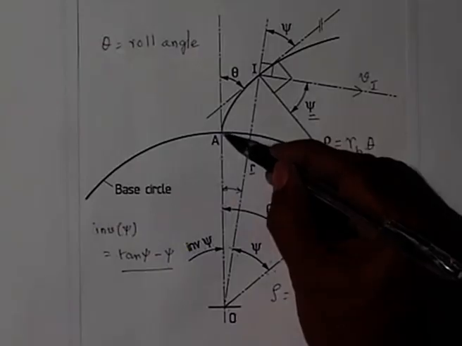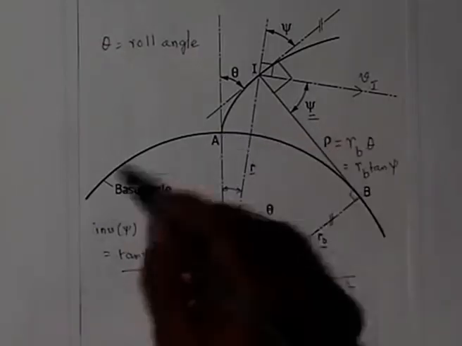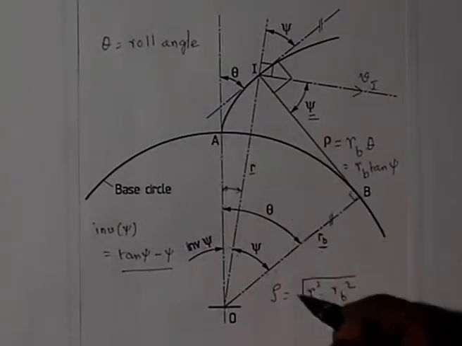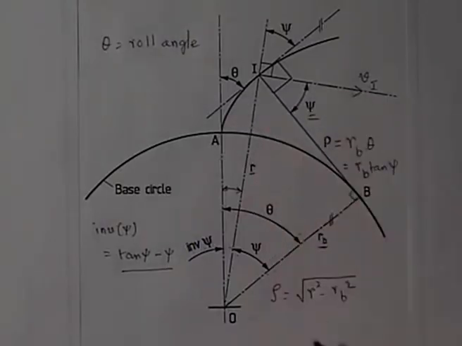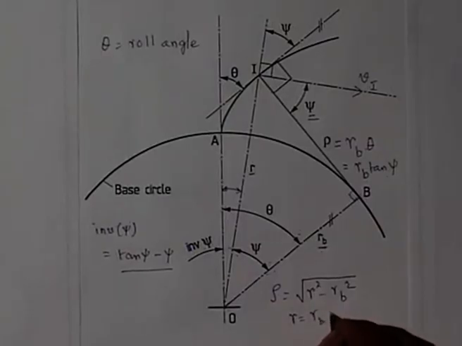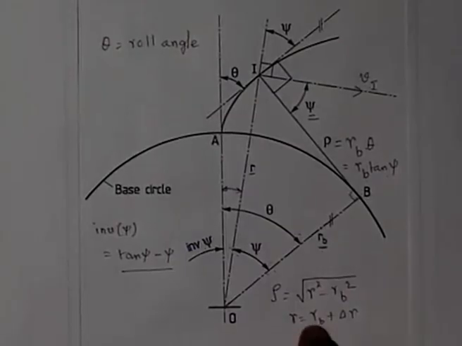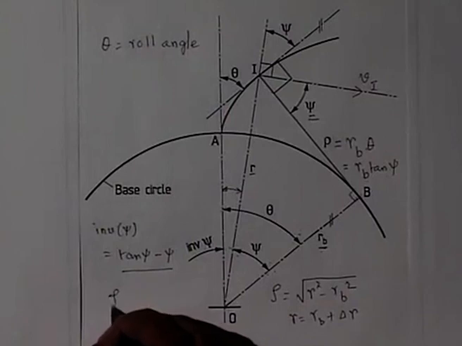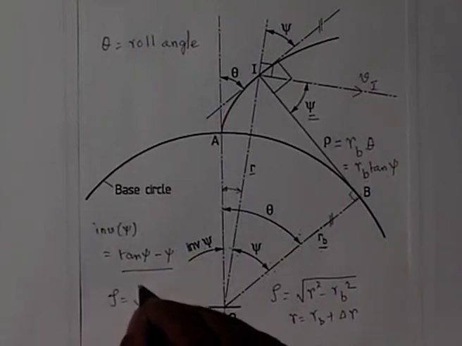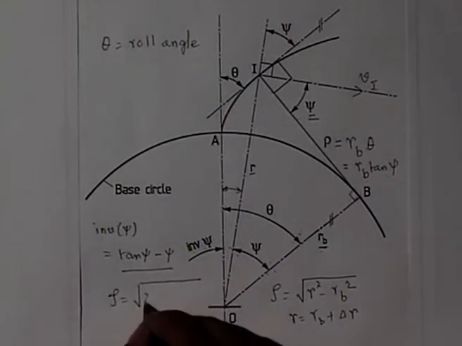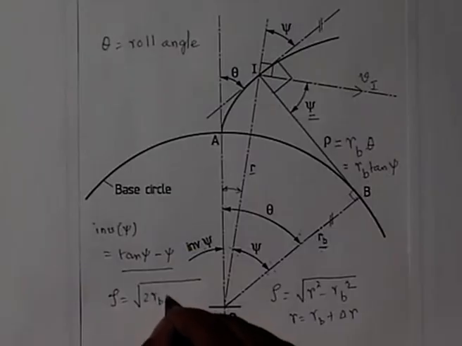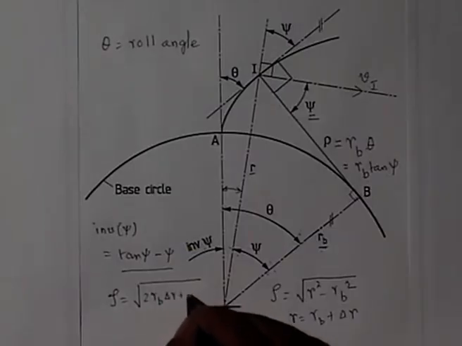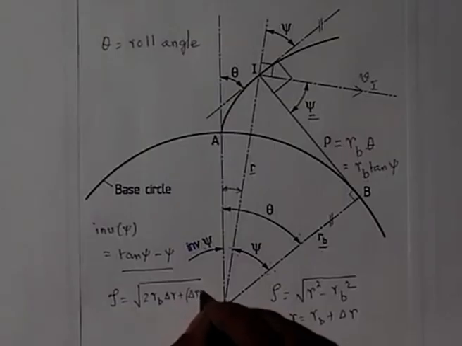As we draw this involute starting from this base circle, R changes from RB, it increases from RB by a value, say delta R. Then substituting in there, cancelling RB, we found that the expression of rho turned out to be square root of twice RB into delta R plus delta R whole squared.